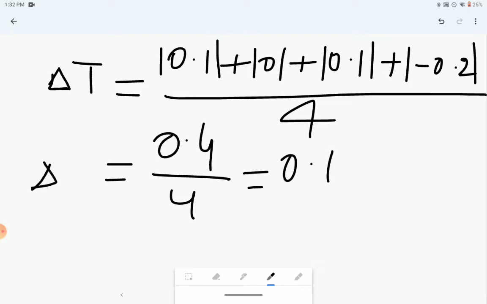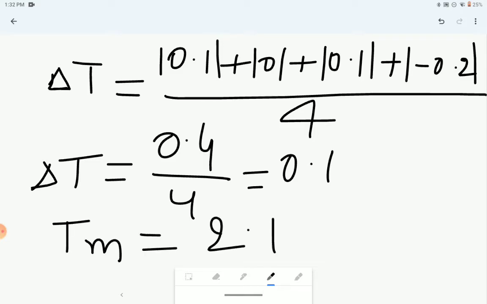That means the mean absolute error is 0.1, and the true value or mean value came out to be 2.1 seconds. Now this time period lies in some range which can be calculated.